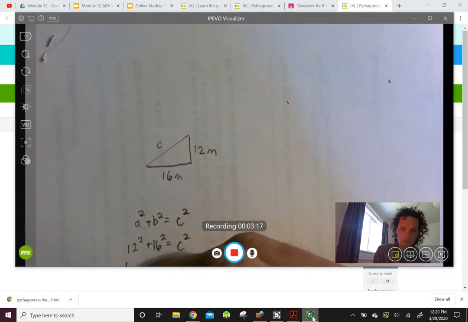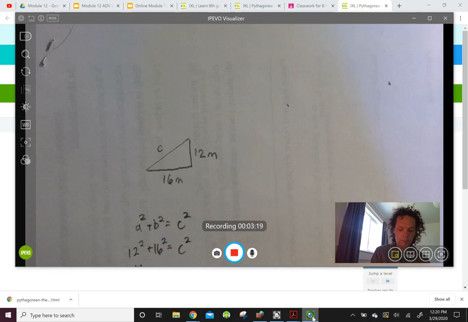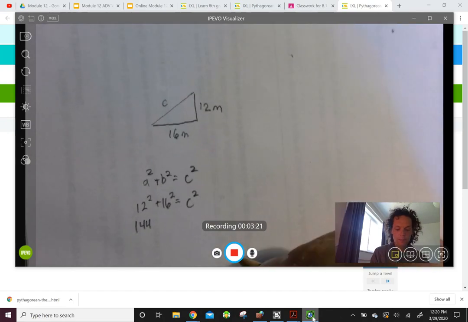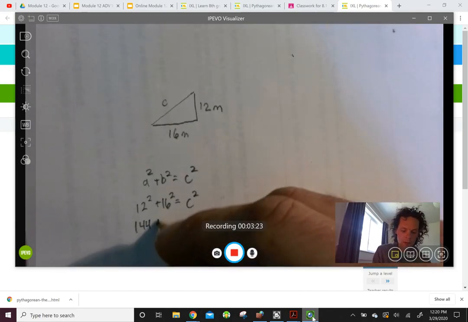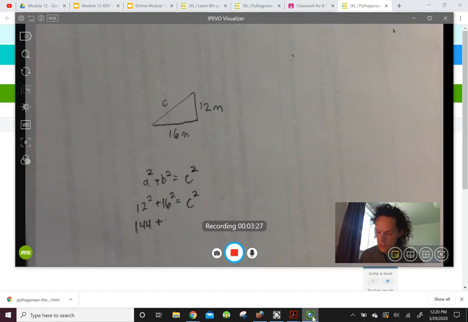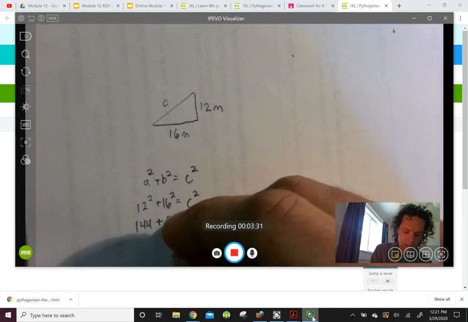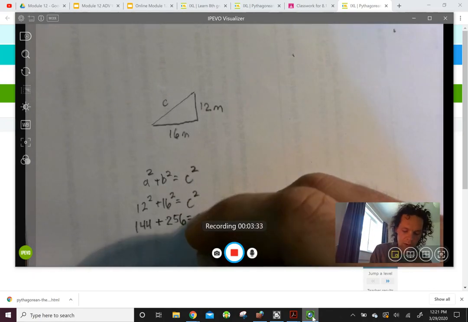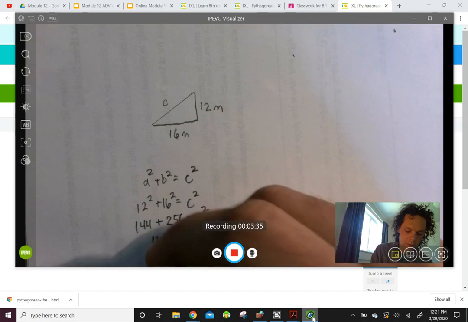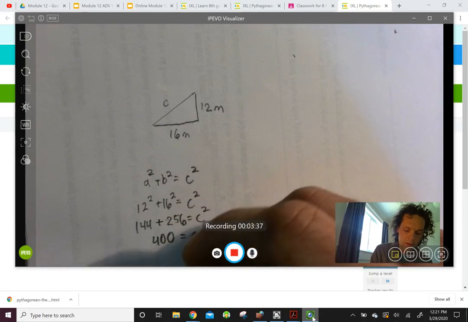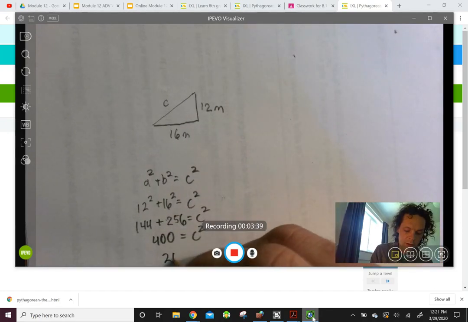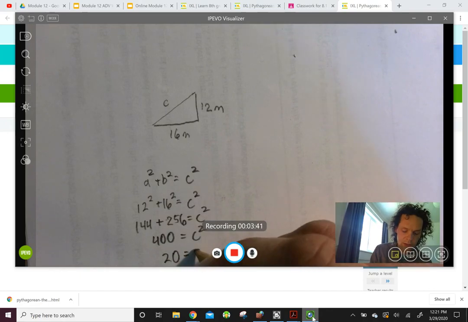If this is 144, and this is 16 times 16, which is 256, and that equals c squared, then 400 equals c squared, and 20 equals c.